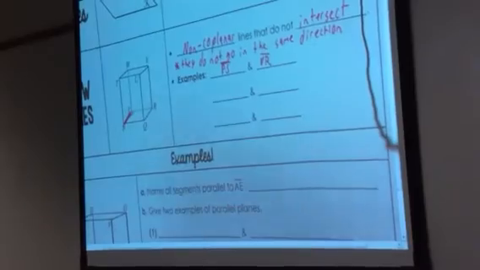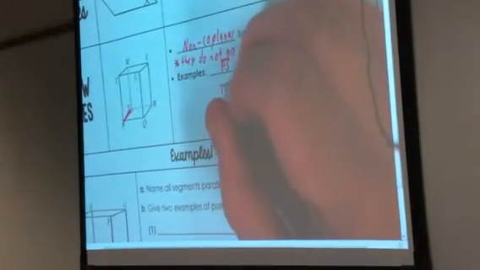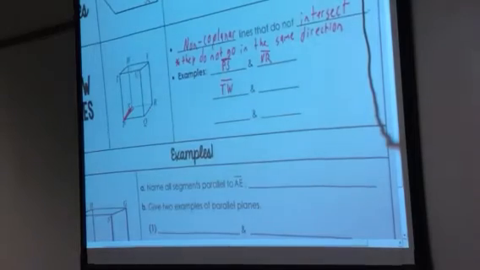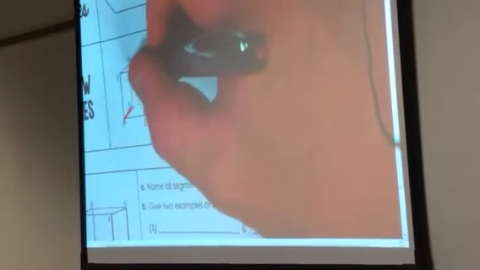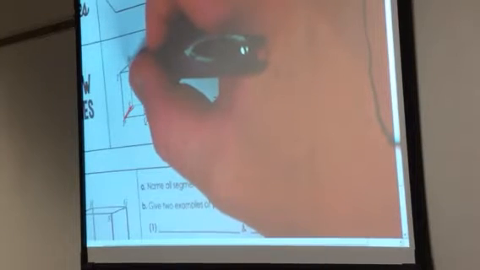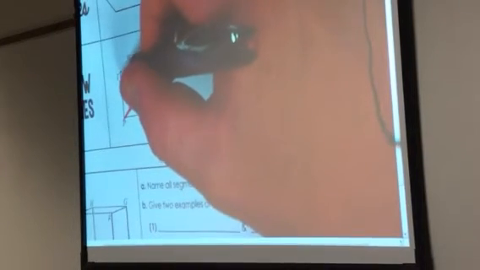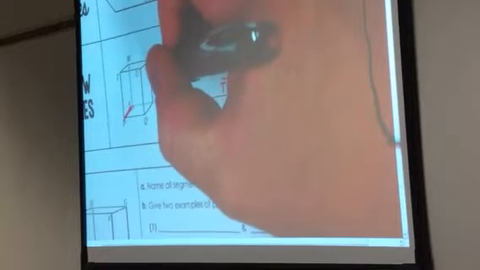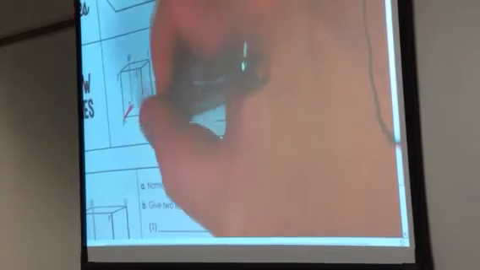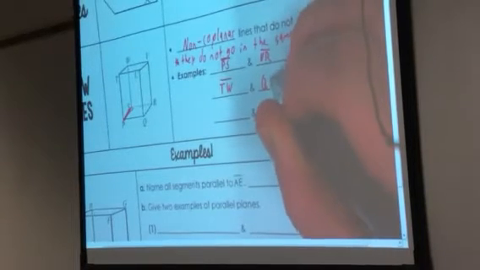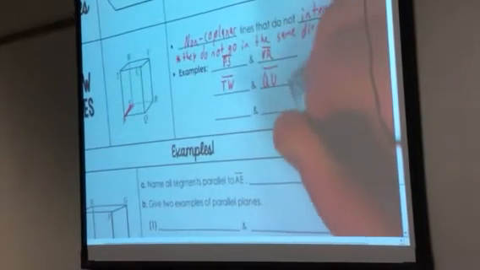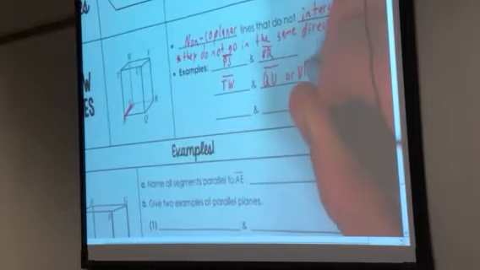So just for another example, let's say I have the segment TW. I need something that's not going the same direction as TW and doesn't touch it. So I come over here. I have UQ or QU. Also, VR would work for that one too, right?